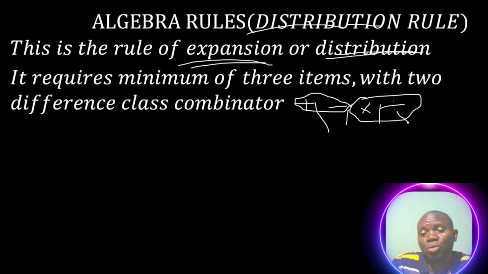But how does this combination rule go? We have seen the items and we have seen the combinators. Then what is the rule?